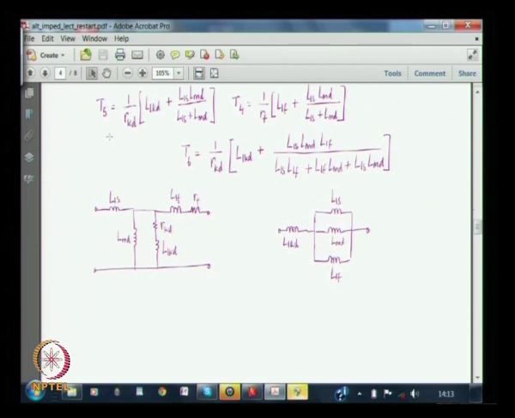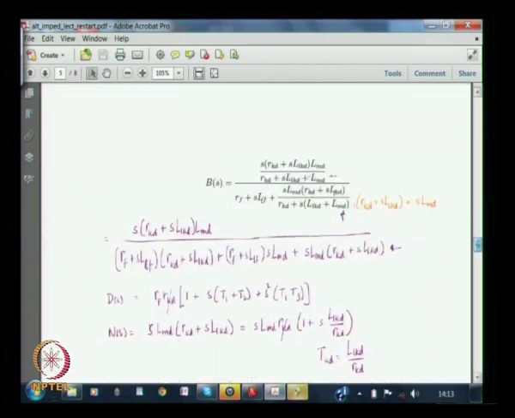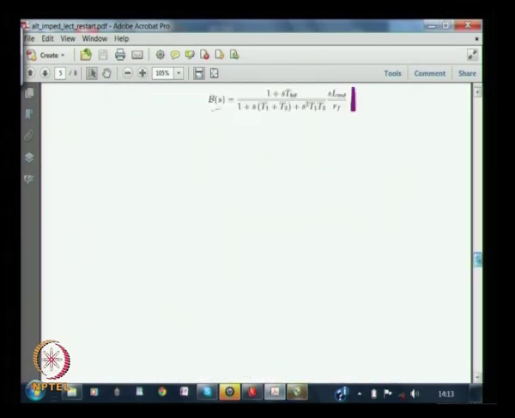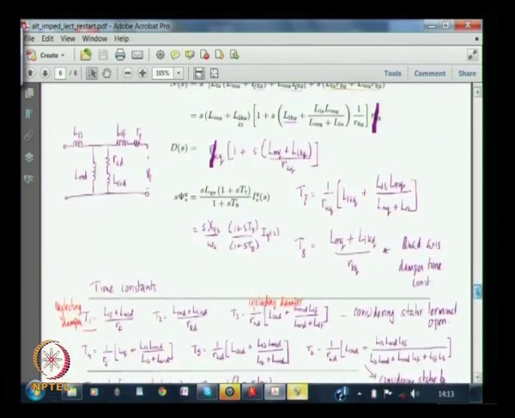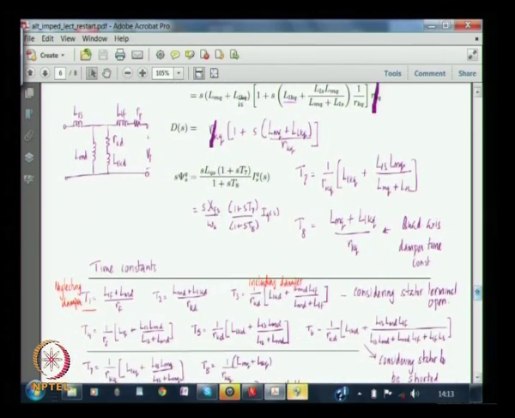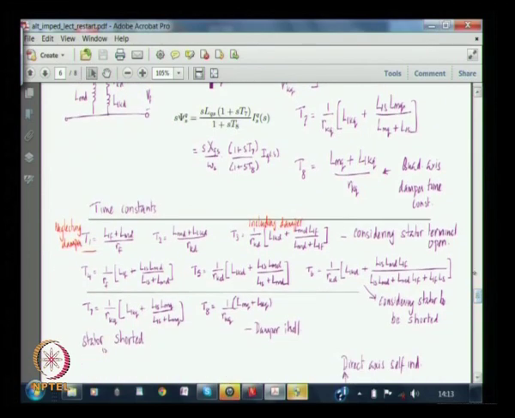We then defined some more terms T4, T5 and T6, and looking at the q axis we defined T7 and T8. We also discussed how these terms can be derived by looking at the equivalent circuit on the d and q axis, some of them by considering that the stator side is shorted and some by considering that the stator side is open.